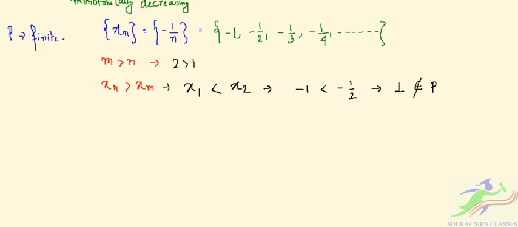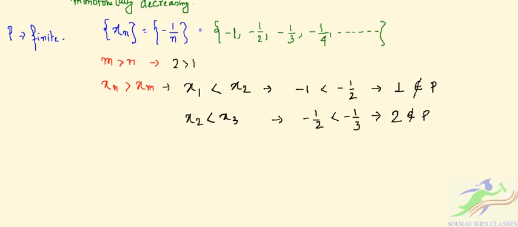Similarly, x_2 is less than x_3, because minus 1/2 is less than minus 1/3. So 2 is also not an element of P. Similarly, 3 is also not an element.